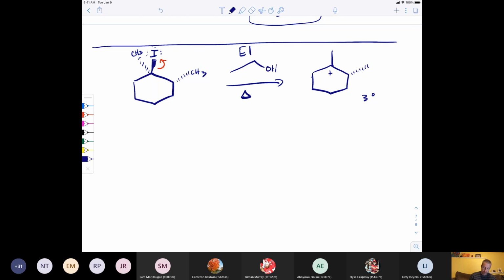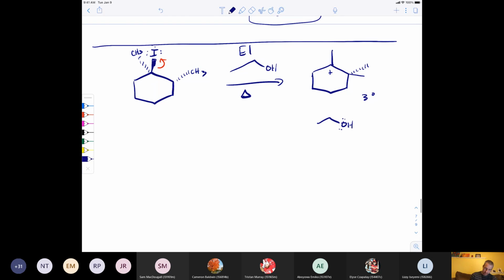Now we got to finish this. We're not quite done. We need our alcohol, our solvent, to act as a base. And it needs to remove a beta hydrogen. This had 3 beta hydrogens, beta, beta, beta.